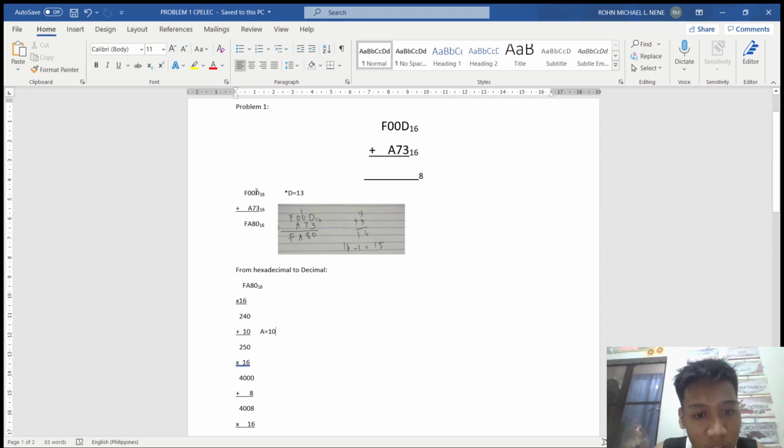and D as an equivalent of 13. That is why it will be 16 if we added D and 3. But since in hexadecimal we don't have 16, that is why we will subtract it by 15 to get 1.